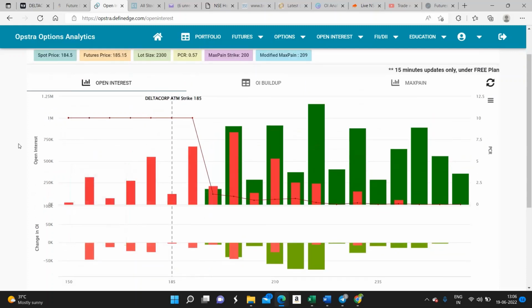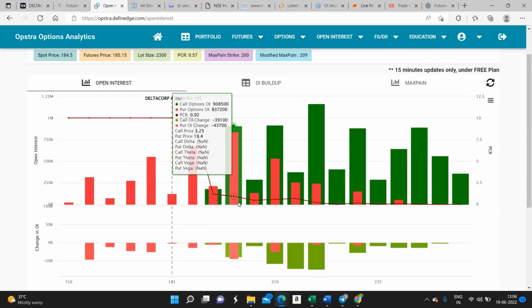And in open interest, we have seen the put writers became stronger here till here. And this can also be a call writer or a call buyer. We cannot judge by this, but mostly this chart represents the call writers only.